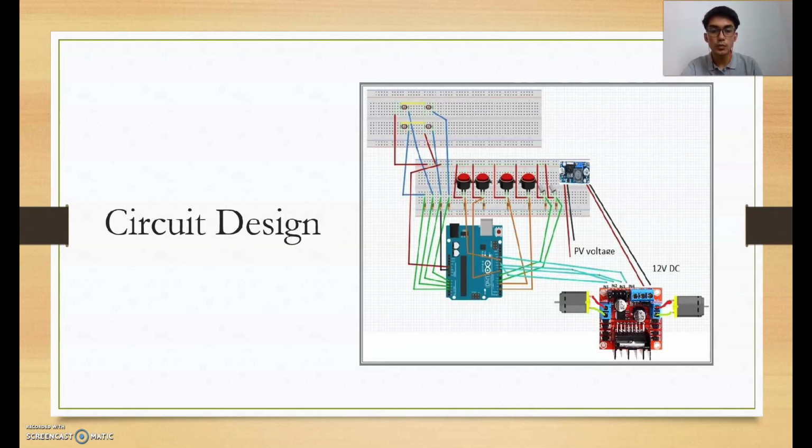We use Arduino Uno R3 as our microcontroller and 4 push buttons to move the solar panel manually, and we use the PV solar panel to make the solar panel move automatically. And this is the motor driver attached to the motor that is used to rotate and drive the solar panel up and down, left and right.